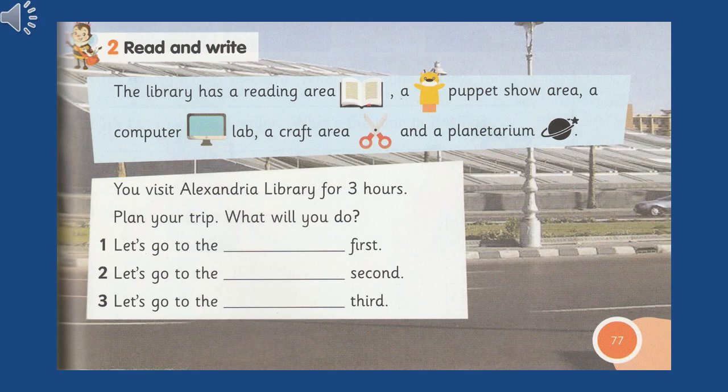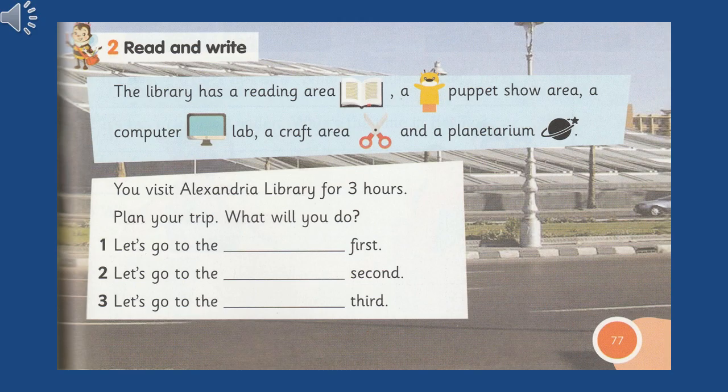Exercise number 2, read and write. The library has a reading area, a puppet show area, a computer lab, a craft area, and a planetarium. Now, you visit Alexandria Library for 3 hours. Plan your trip.